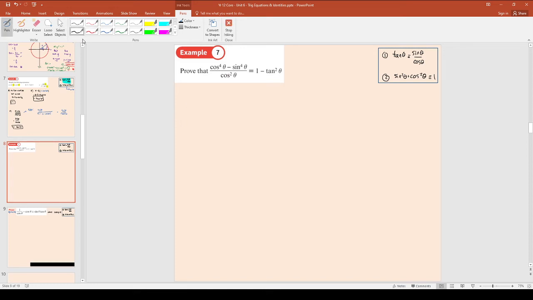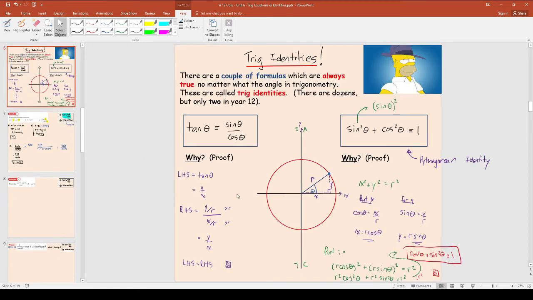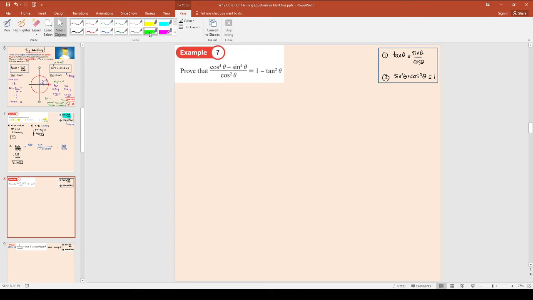Okie doke. So here's what I'm going to suggest. You have to lay these out really carefully, okay? So we're going to do a similar proof to this one, where there's going to be a left-hand side and a right-hand side, and then we're going to show that they're equal. So to begin with, step 1 in all of these trig proof questions is you look at both sides. You look at this side, you look at this side, and you say to yourself, which one is more complicated?